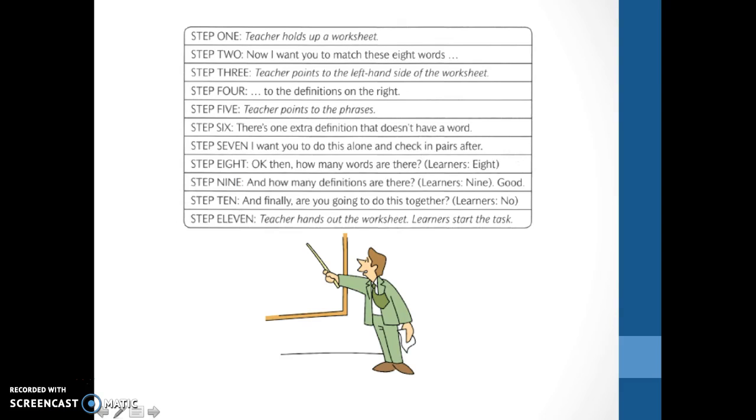Now, it is also very important to wait a little bit before handing out the worksheet, so that students' attention remains on you. If you hand out the worksheets before the instructions, the students are very likely to look at their handouts instead of paying attention to you.